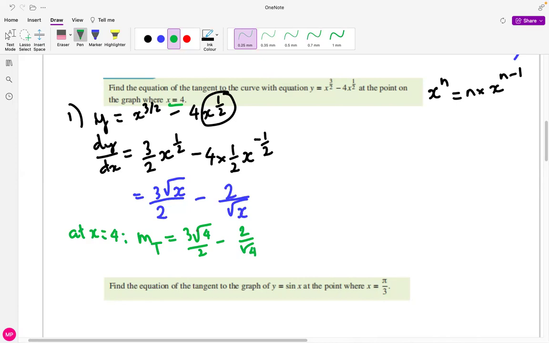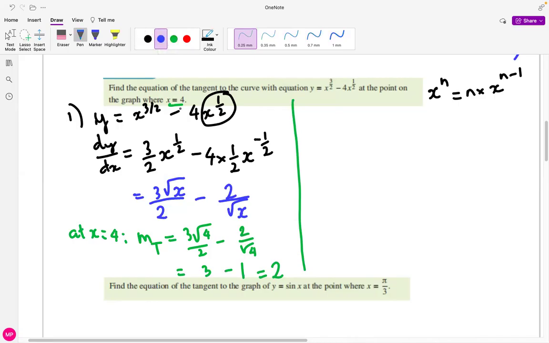So root of 4 equals 2, 3 times 2 is 6, 6 divided by 2 is 3, and then root of 4 equals 2, 2 over 2 is 1, and 3 minus 1 equals 2. Now you're done with this step, so you find the gradient equals 2, all right?